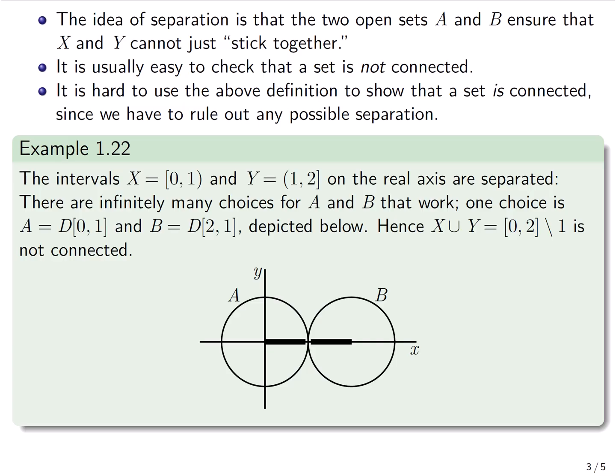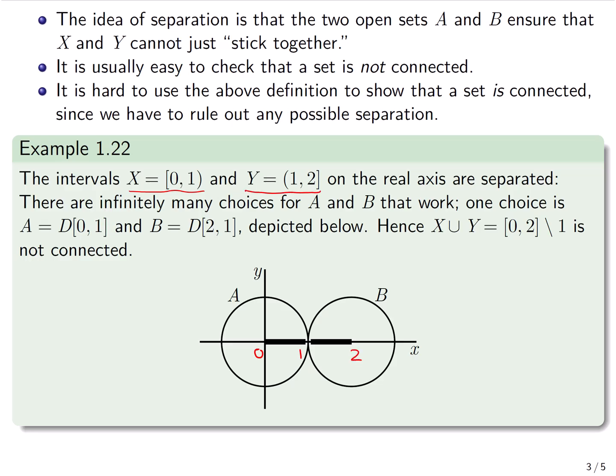So let's look at a nice example. This is the same example we discussed earlier. You have the interval X, which is from 0 to 1, and the interval Y, which is from 1 to 2.